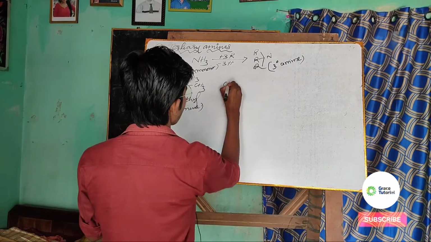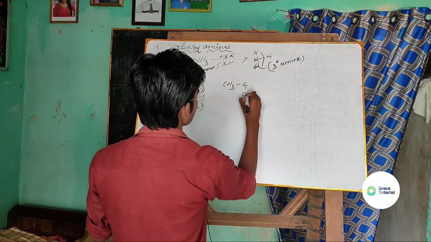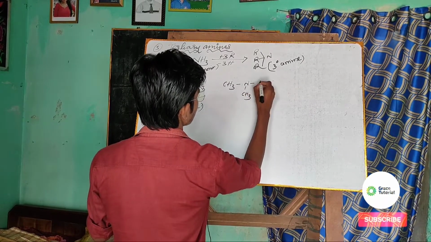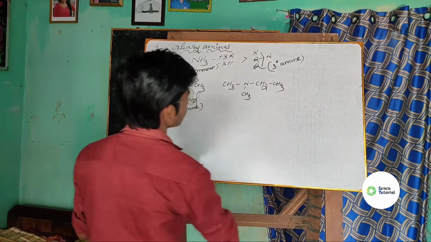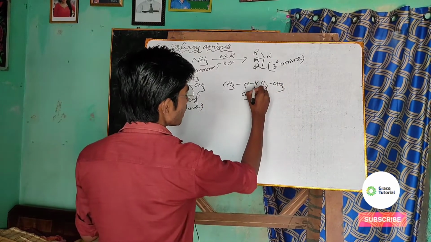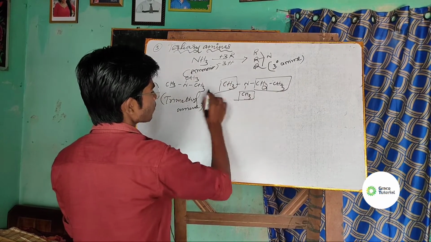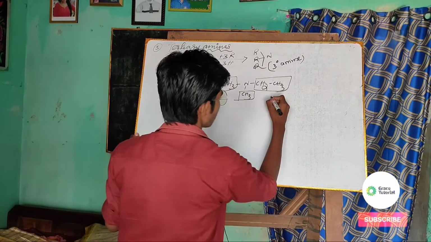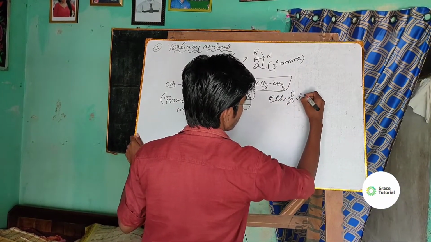Similarly, suppose I have another one. If you look at here, three alkyl groups are there. First of all, ethyl and two methyl. So ethyl dimethylamine.